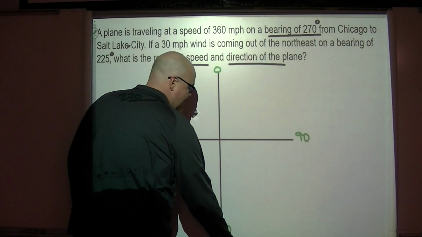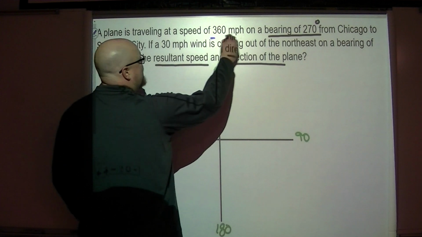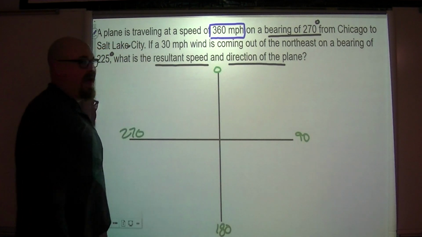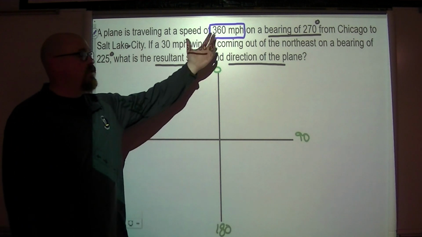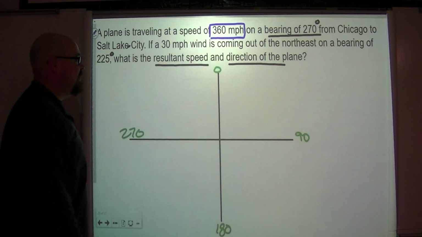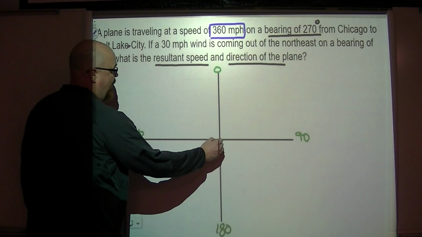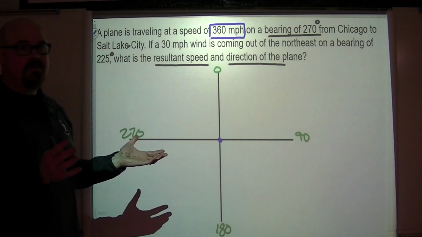So this plane is traveling 360 miles per hour. Now, the speed is our magnitude, and magnitude is length. So the longer the vector, the faster the plane, okay? So let's start in Chicago right here. Wherever it starts from, that's going to be our origin.